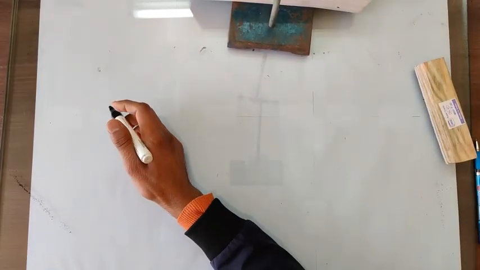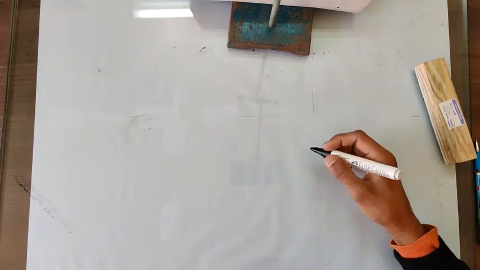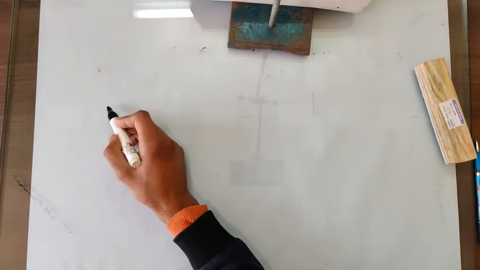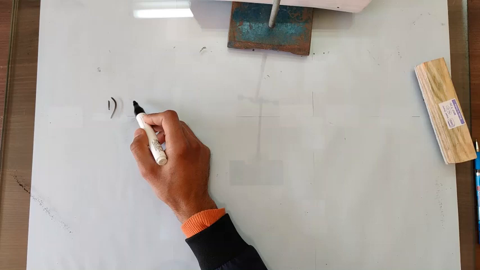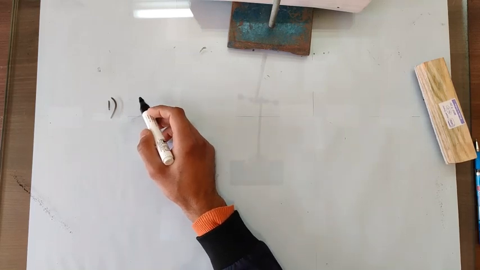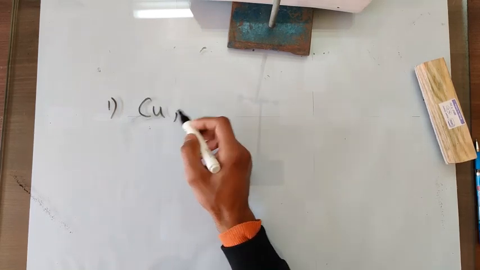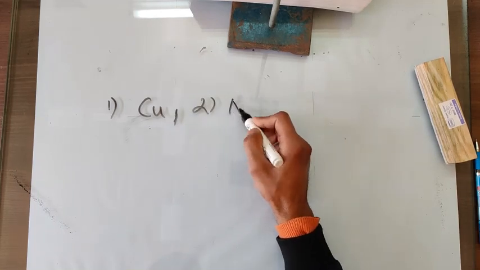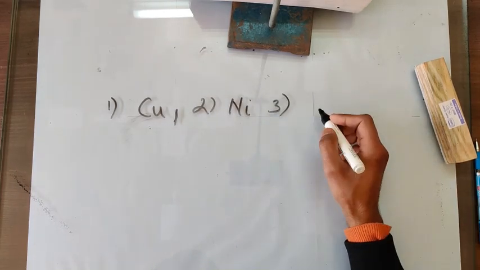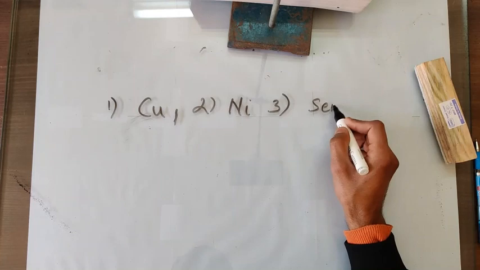Let's sketch a graph showing the variation of resistivity with temperature for the following materials: first copper, second nichrome, third semiconductors, any semiconductor.